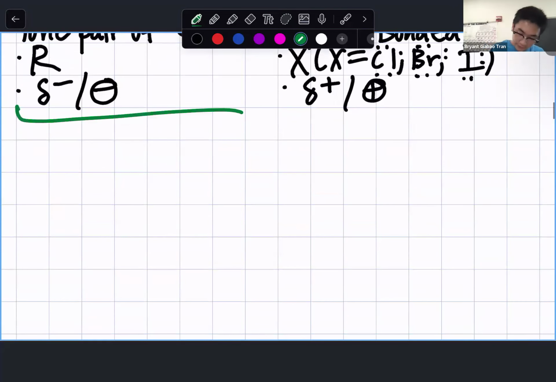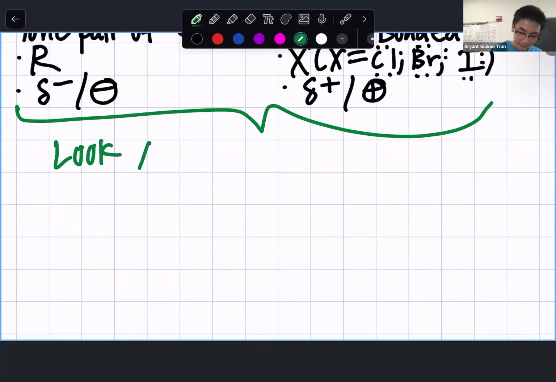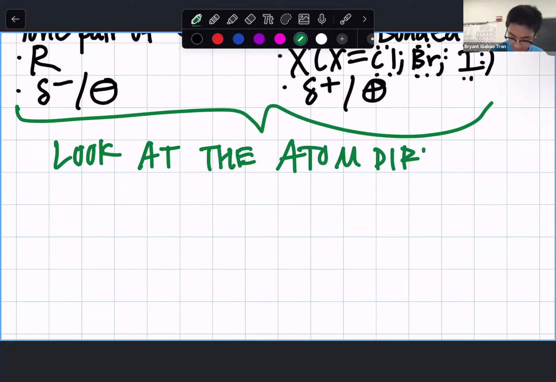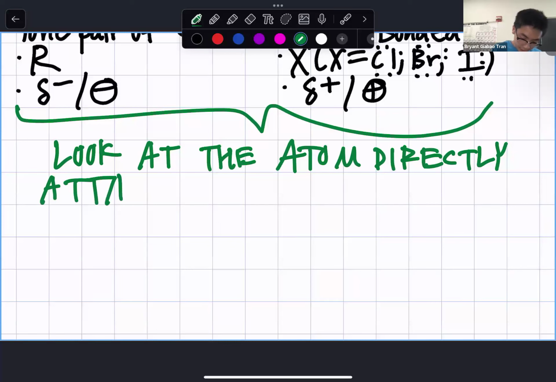And for all of these, you have to look at the atom directly attached to the system, not the atom nearby, because it could get tricky. You have to look at the very first atom attached to the diene or the dienophile.